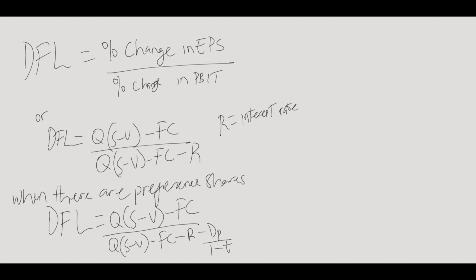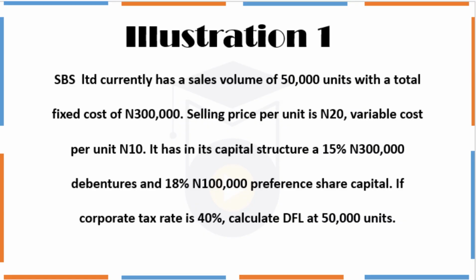And then DP is the preference shares dividend, and T equals tax. Now we are going to be working on an illustration question to enhance our understanding, right?